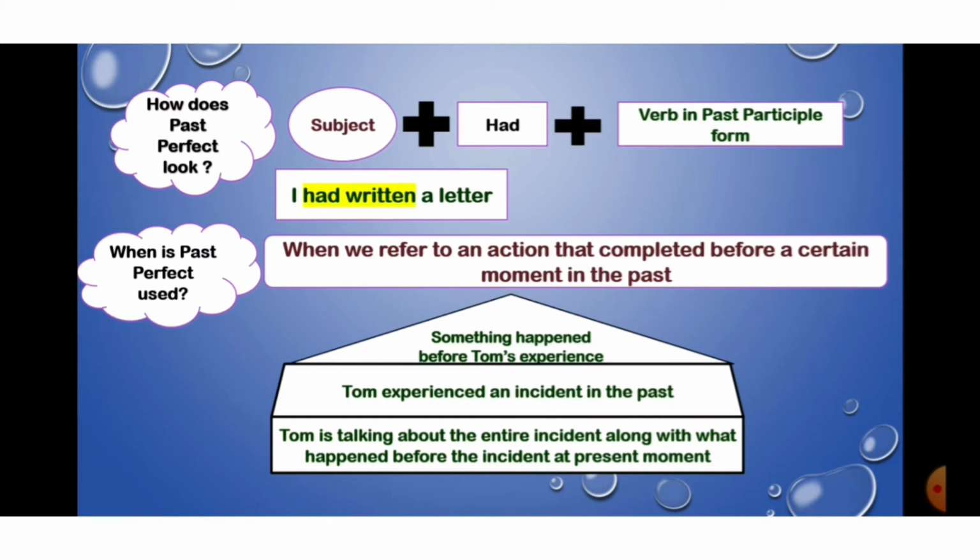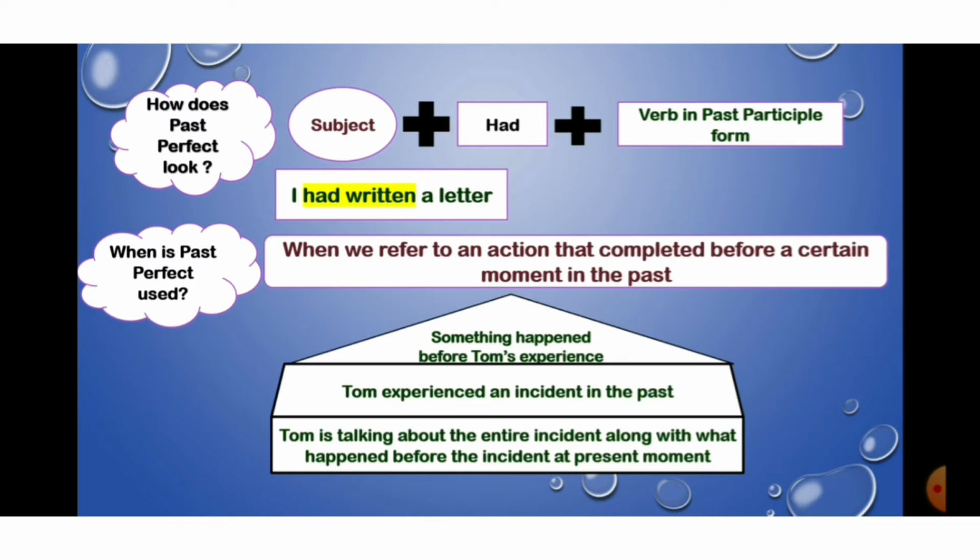Let's assume that a boy Tom is talking in the present time about a past incident. In the lowest layer, he is narrating the past incident along with what happened before that incident. Now, let's divide his narration into two parts.